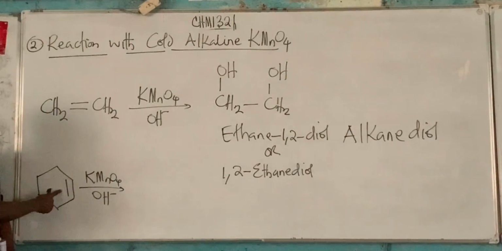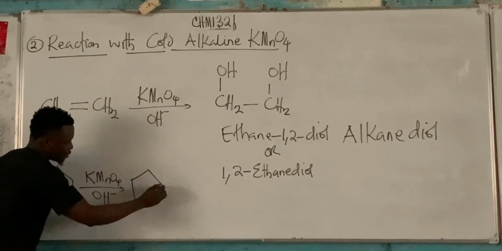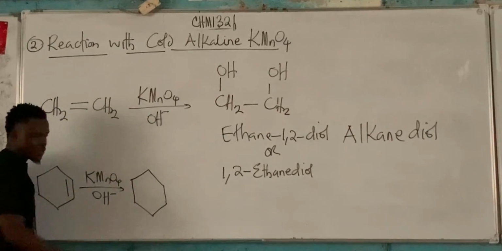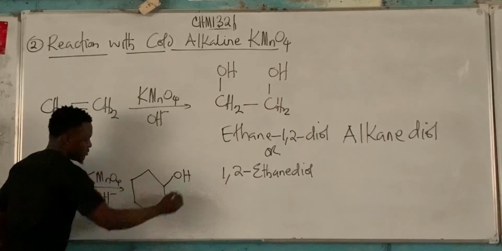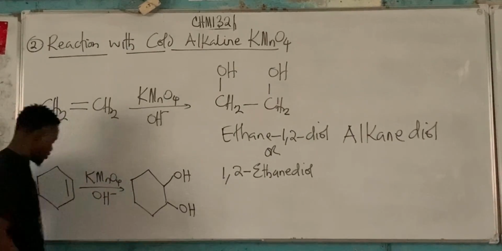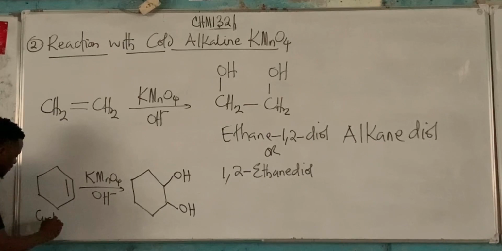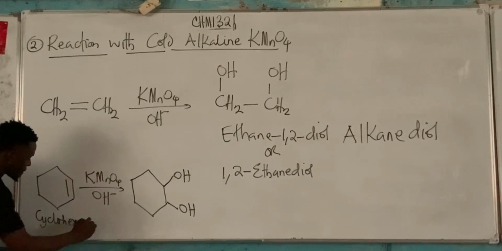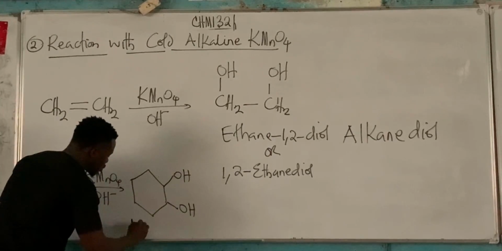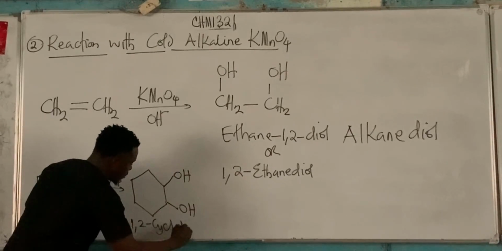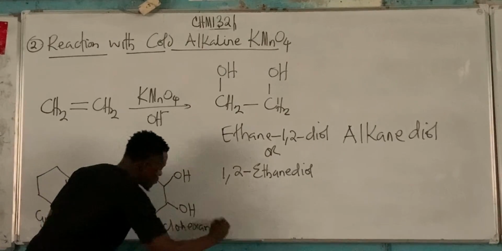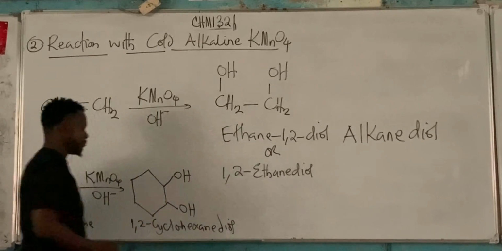And once it breaks one of the bonds, it's going to put OH on both sides to give you a diol. This becomes cyclohexane-1,2-diol.